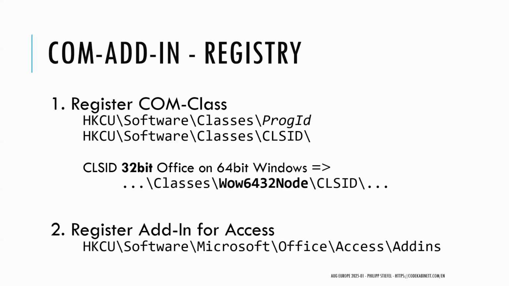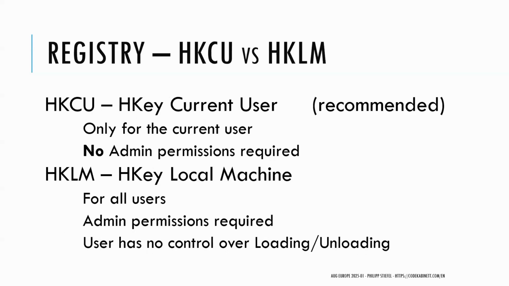These are the registry settings just for the COM class. To register the add-in for Access, to tell Access, here's an add-in that you can use, you must add additional settings in HKCU software Microsoft Office Access add-ins. So I just told you these settings should go into HK current user, and that is what I would recommend.